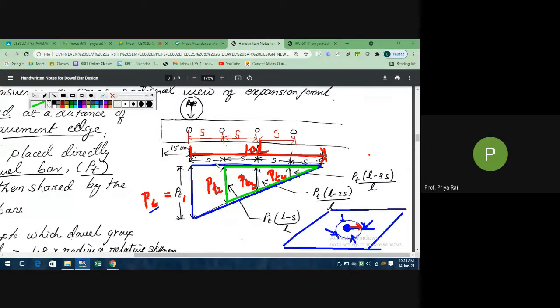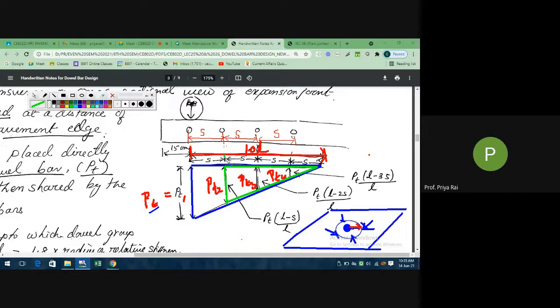For the blue triangle, the height is PT and the base is L. For the green triangle, the height is PT2. Now what is the base?